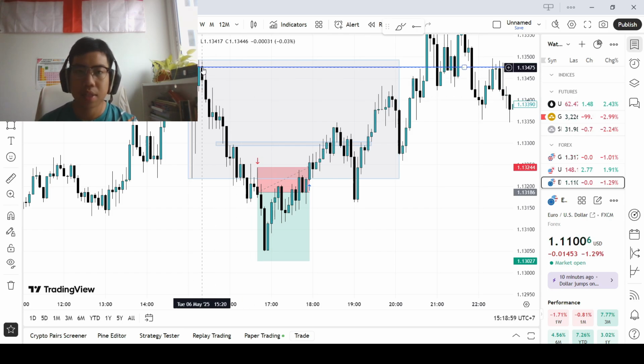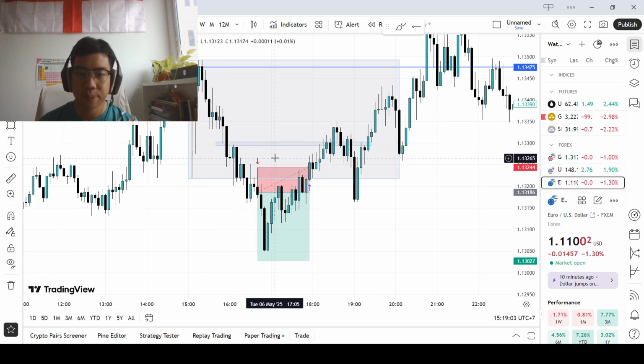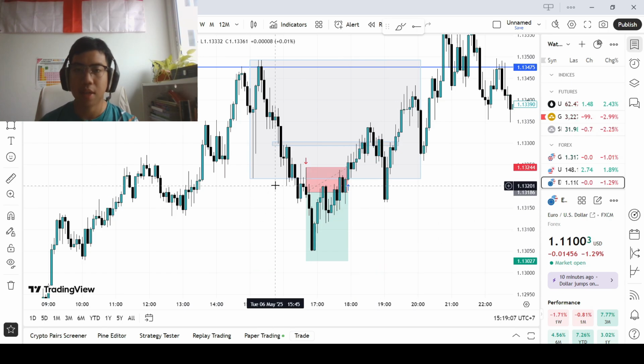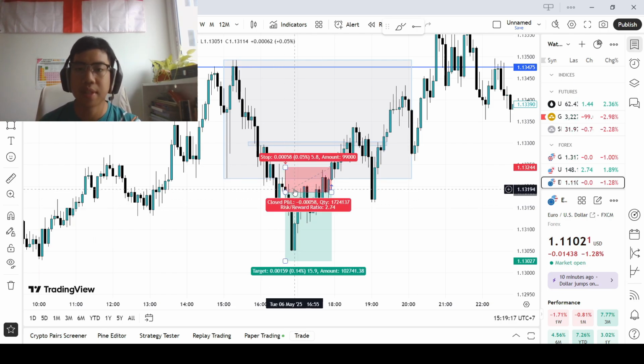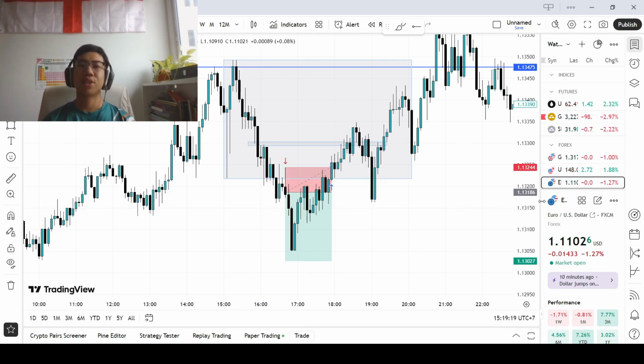So market dropped, created an FVG, and at this point I was just waiting for a retracement back up to the upside. I was just waiting for market to either hit the order block or the fair value gap so I could place a retracement entry.